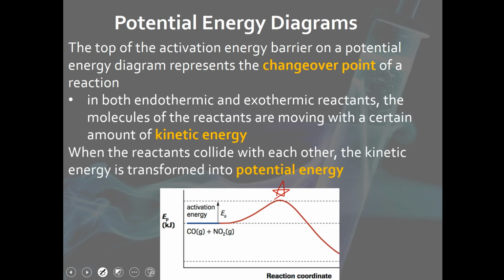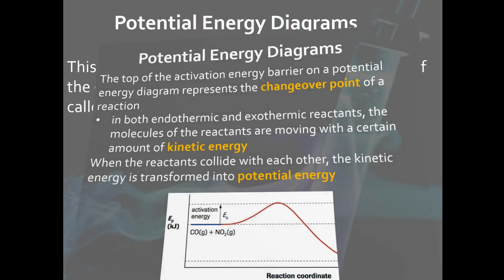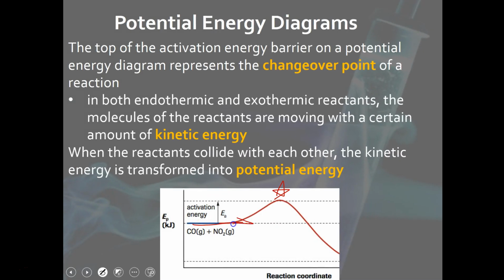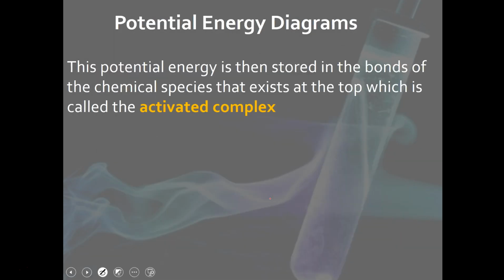In this portion of the graph right here, the molecules are just moving with kinetic energy, and then we have a change in potential energy, especially at the top, and then that would go either lower or extremely low, depending on what the products are going to be.